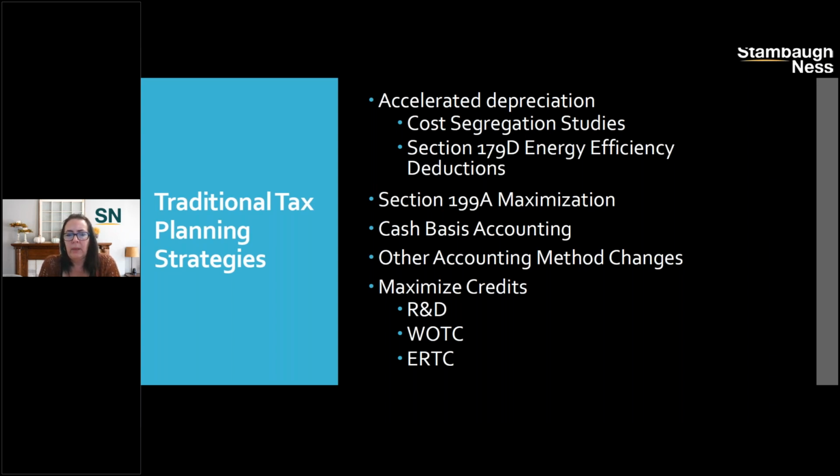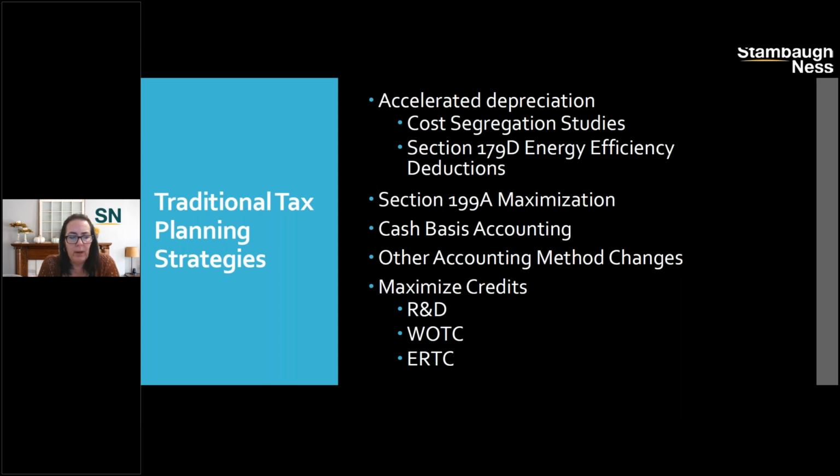But we can look into prepaid expense and recurring item exceptions. So those are all things that we would utilize to lower tax in certain years. And again, remember, all deduction related, so nothing that's a permanent deduction or a permanent effect. It's all just pushing that tax burden out to the future.